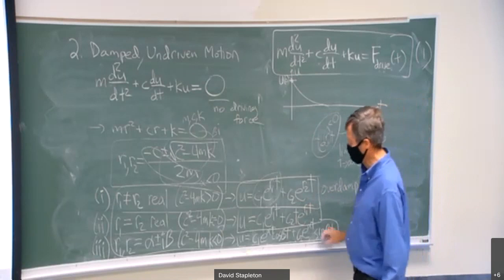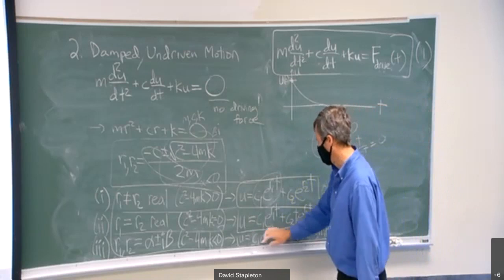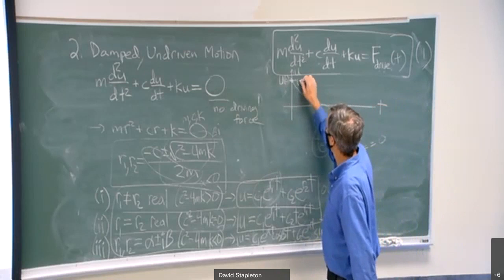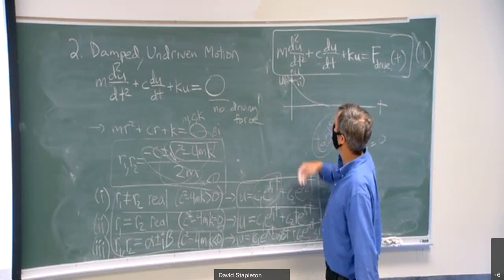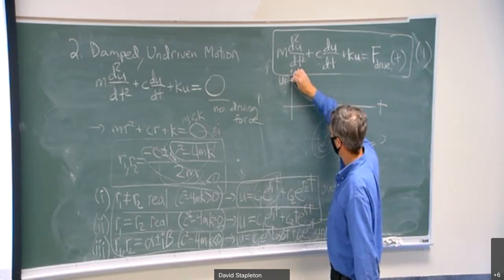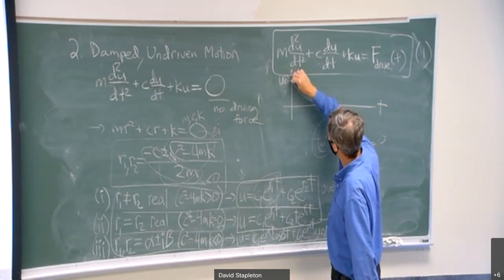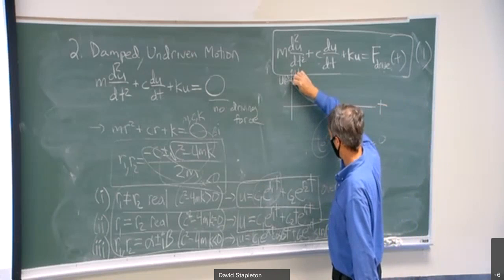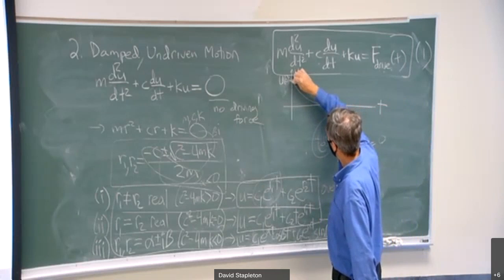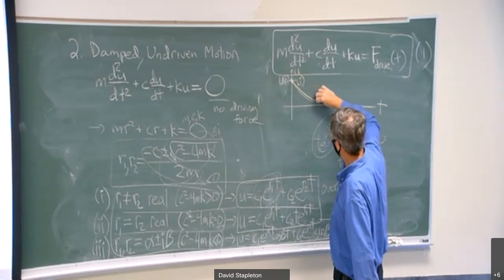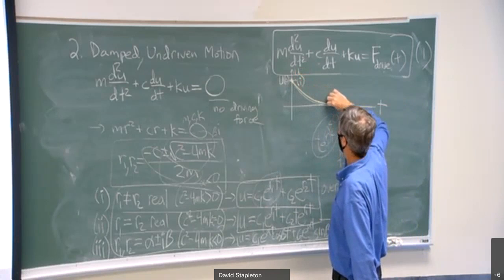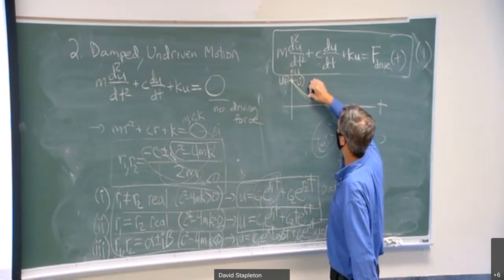And so in the second case, so the white one is case 1. In the second case, maybe you started off with the same, you started off like this, and it decays a little slower. No, what do I say? I'm sorry. It decays a little faster.